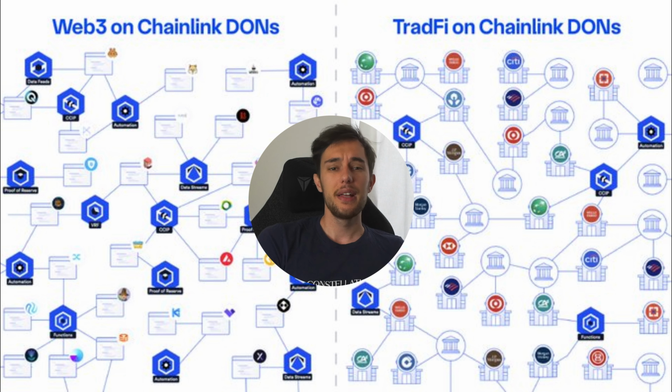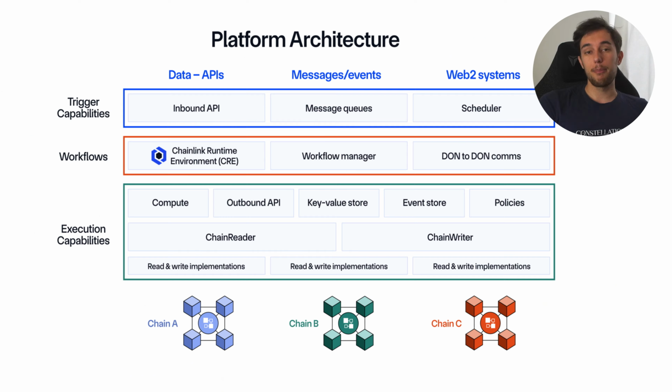In simpler terms, DONs are clusters of independent nodes that perform specific modular tasks, such as reading or writing data on or off-chain. By decentralizing these tasks, DONs allow each component of a blockchain workflow to be secure and independently managed, creating a building block approach that makes it easy for developers to customize, update, and expand applications.